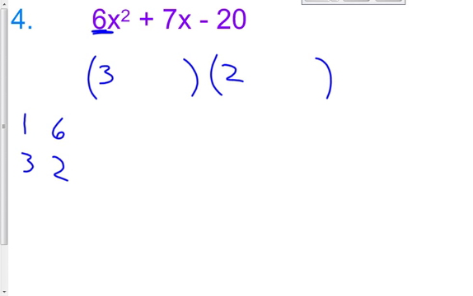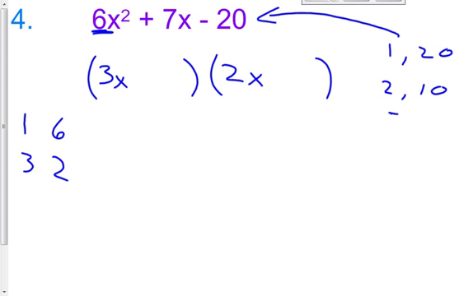And not only a 3 and a 2, but a 3x and a 2x. Again, the reason for that is that when I FOIL, my first times the first, 3x times 2x, has to get me a 6x squared, which indeed it does. All right, and now I have factors of this third term, 20, which is 1 times 20, 2 times 10, and 5 times 4.